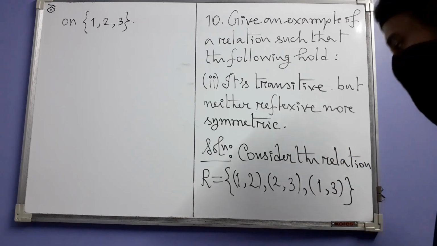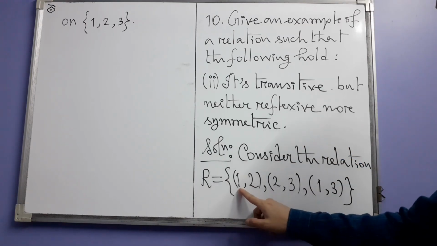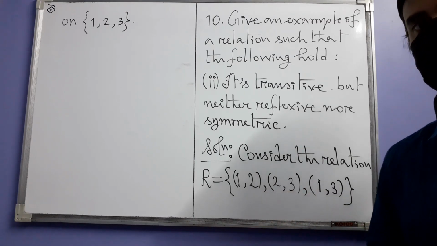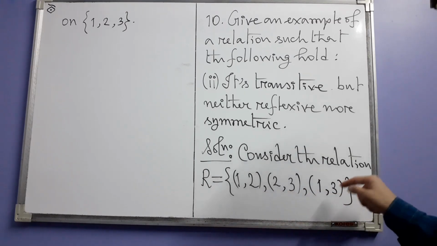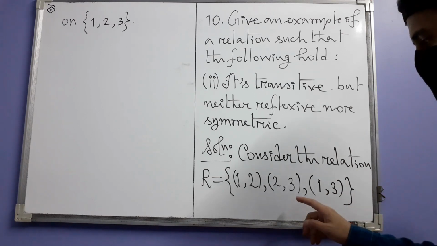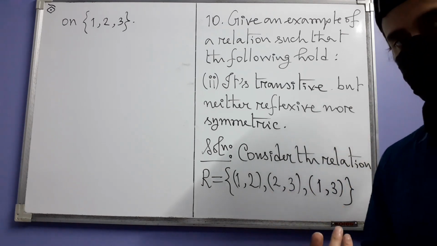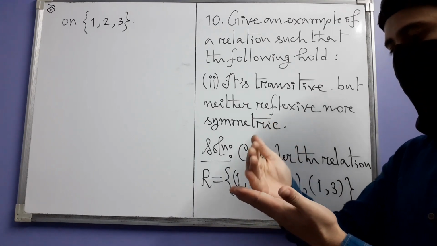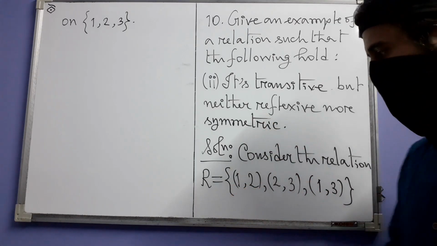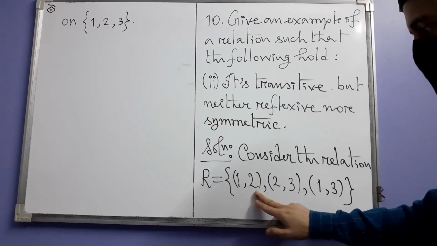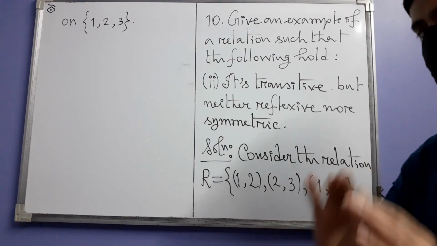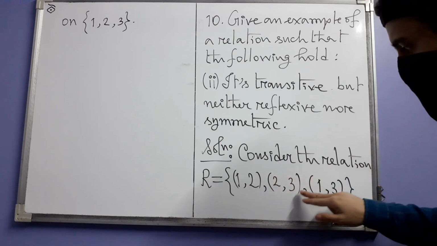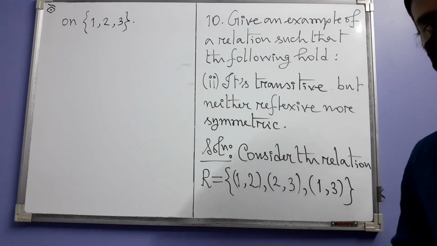It is transitive. You note that you have (1, 2) and (2, 3). So transitivity demands that you have (1, 3), which you really have here. Any other combination of ordered pairs should be like this: (a, b) and (b, c). If you start with (1, 2), then you should have (2, something), and the only element of that type is this ordered pair.